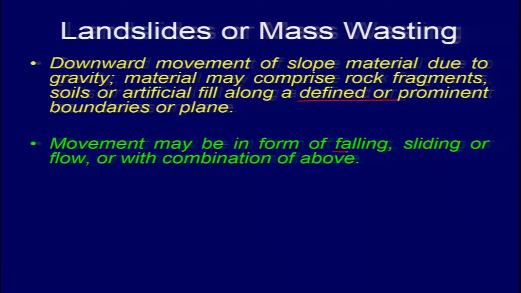This falling will be very typically seen if you are having rock strata. Sliding can also occur in rock strata, but we need to have the rock strata or the succession having joints. If they are jointed, then they can slip along the joints. So movement can occur along these joints or the bedding planes.